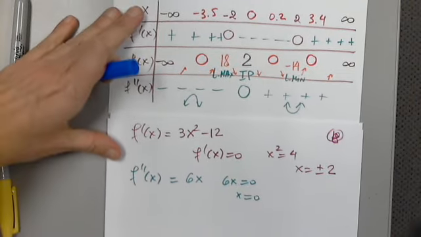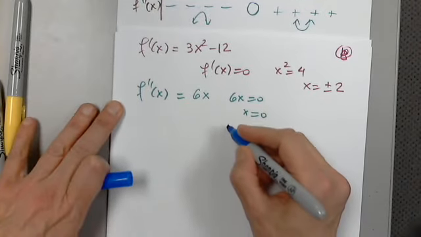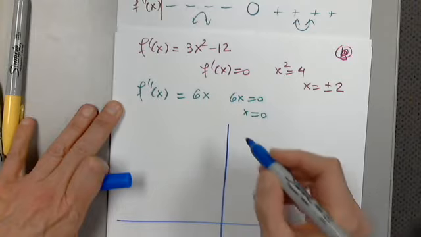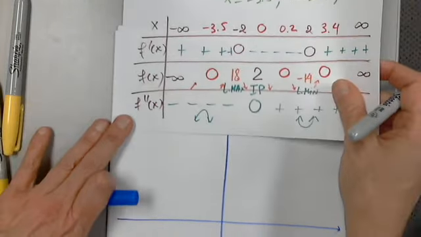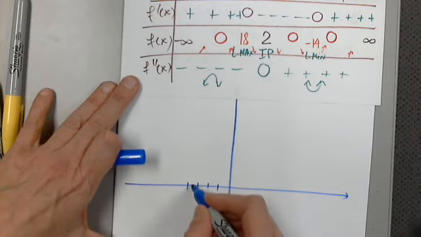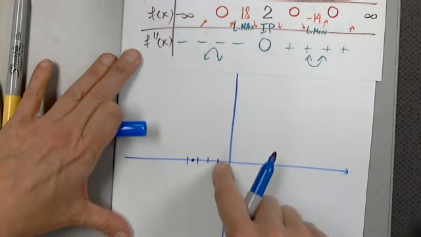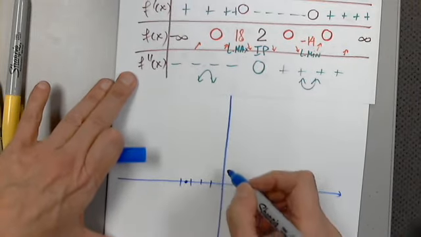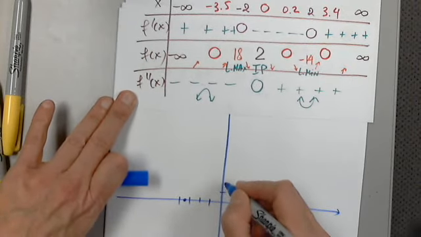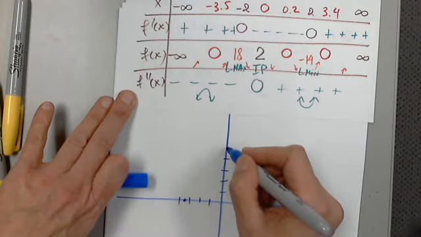Let's graph the function. It goes high to 18, low to negative 14. I have to plan on that. So on the axis, negative 3.5, negative 2, and the y values 4, 8, 12, 16, 20.